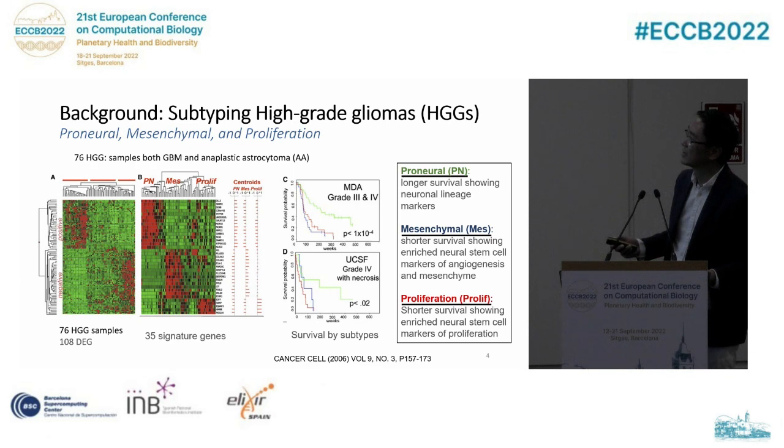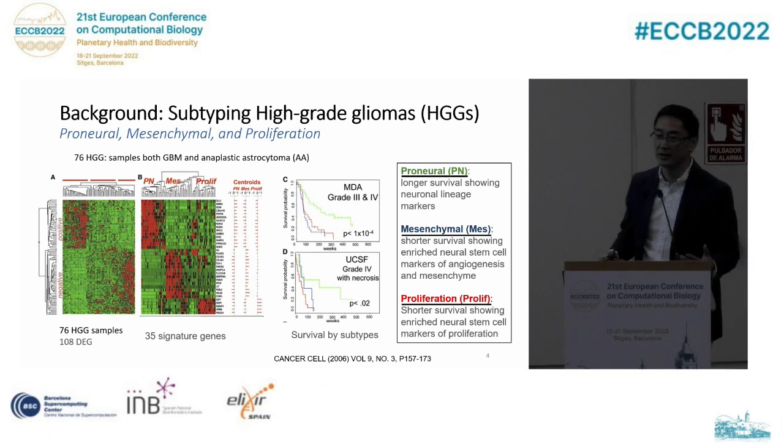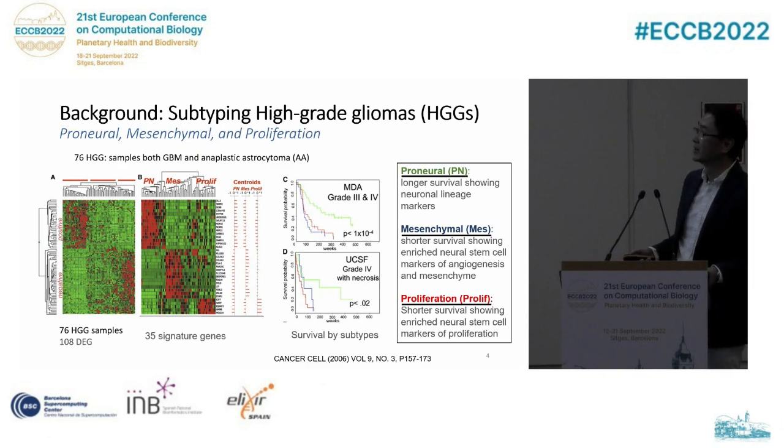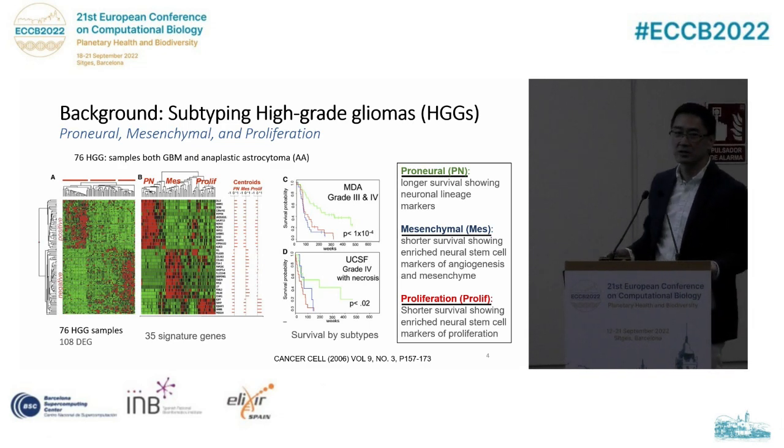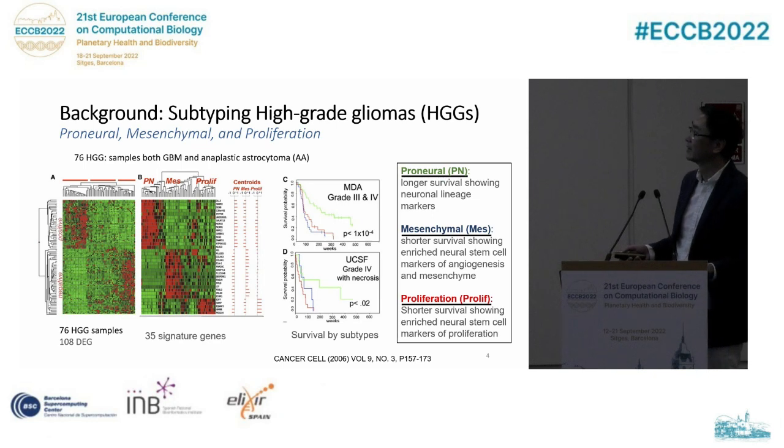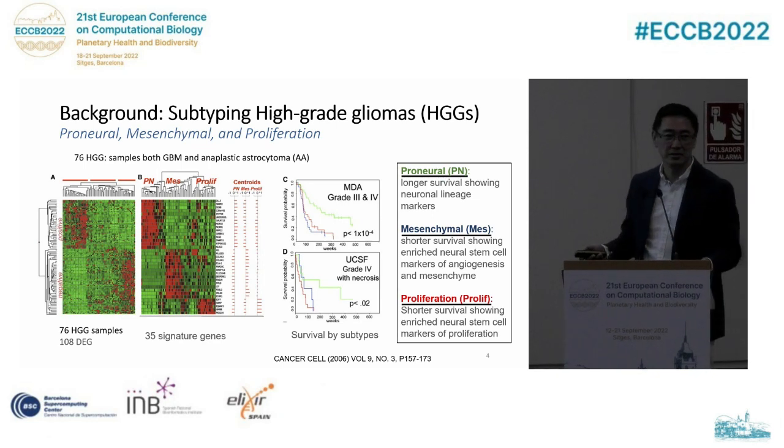These gene signatures, for example the proneural subtype gene signatures, are associated with better survival, and some of the mesenchymal proliferation type may have worse survival. So this is what gene signatures are used for. And why can't we just directly use this approach?